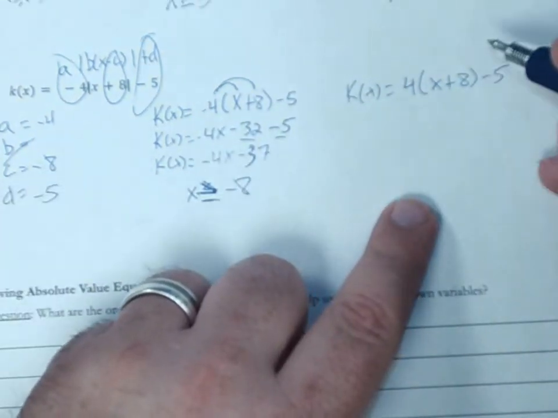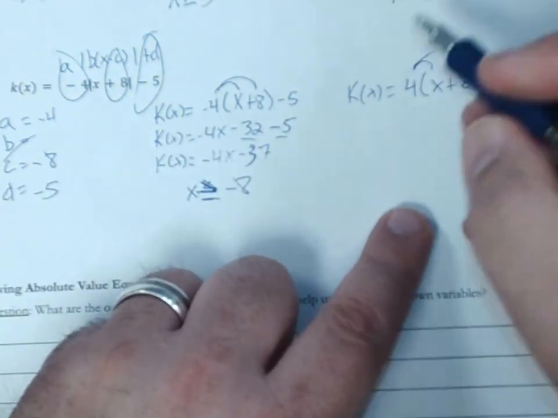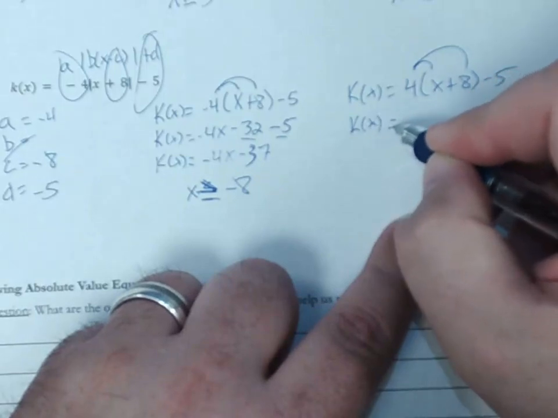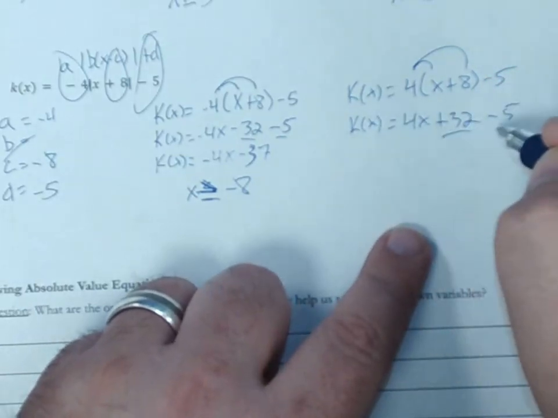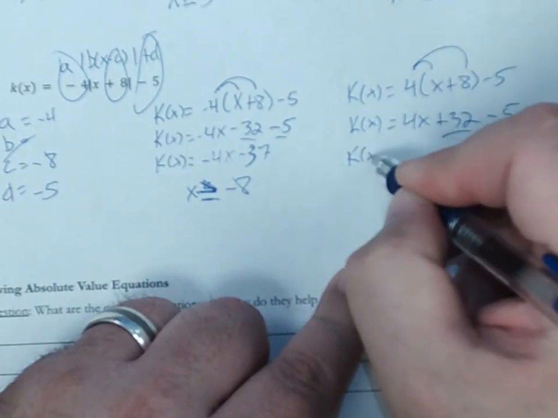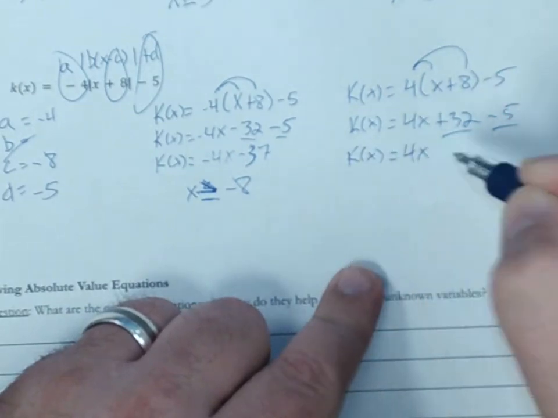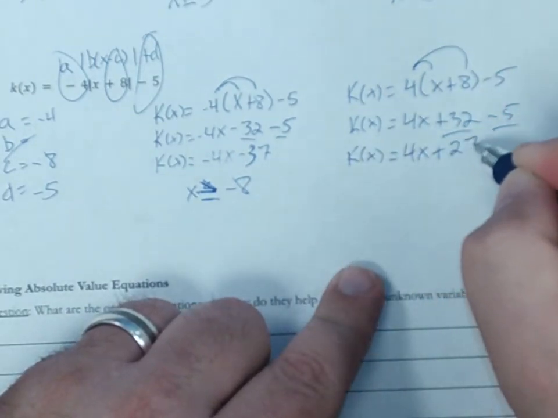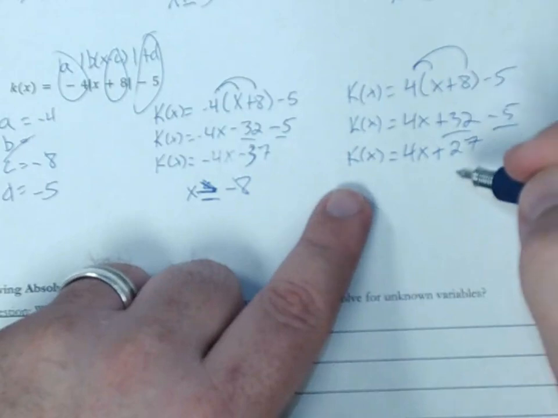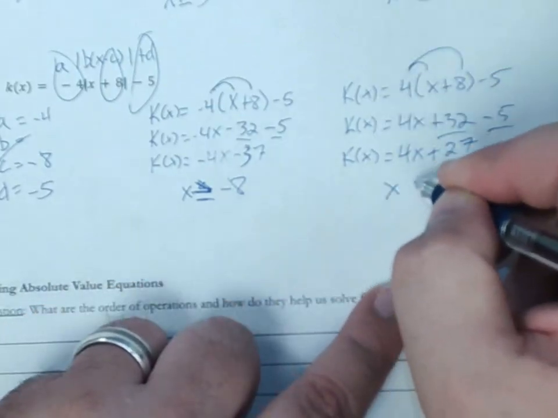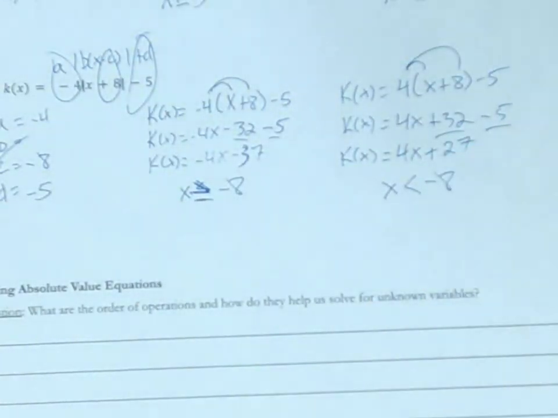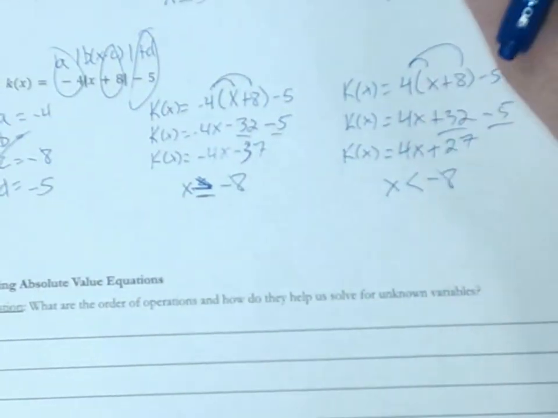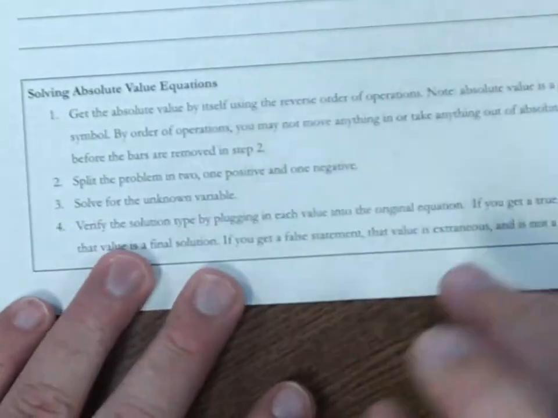Over here we'll do a similar thing. We'll distribute the 4. So we get k of x equals 4x plus 32 minus 5. Then we'll put the like terms together. So k of x equals 4x plus 27. And this is the one we did have to change. So we will give it the x is less than, and then we do the c value of negative 8. And there you go. That's how you write it piecewise.